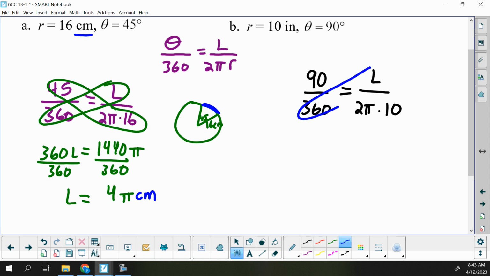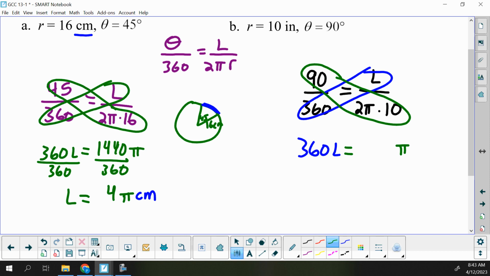We're going to cross multiply. That will give us 360L again. Cross multiply going the other way. It doesn't tell us to round at all, so we're going to have our answer in terms of pi. So when you put it in the calculator, just do 90 times 2 times 10, and then we'll put the pi at the end afterwards.